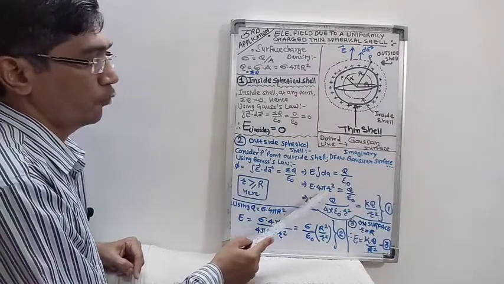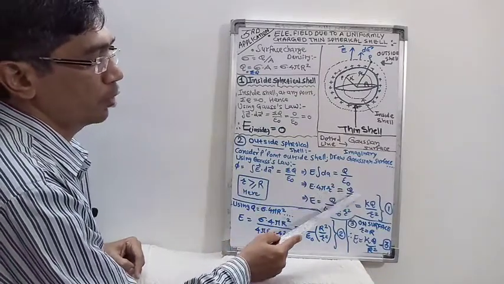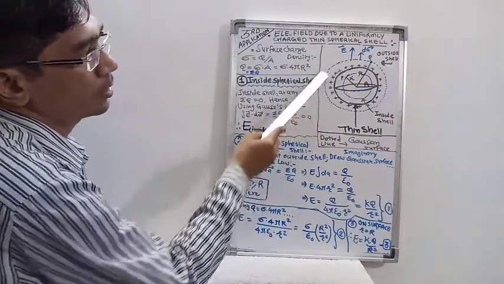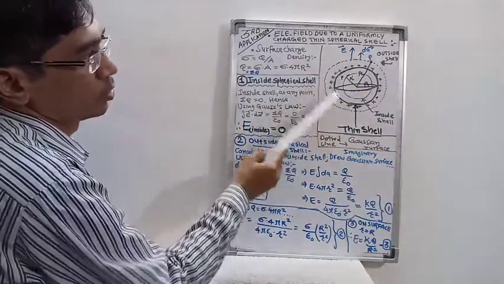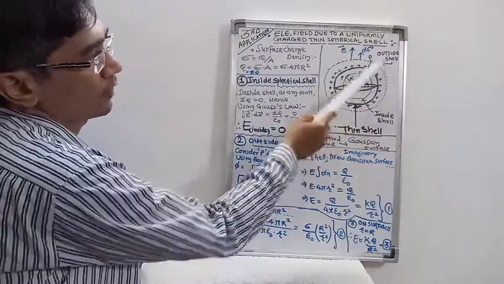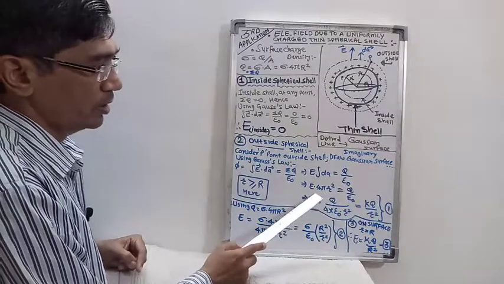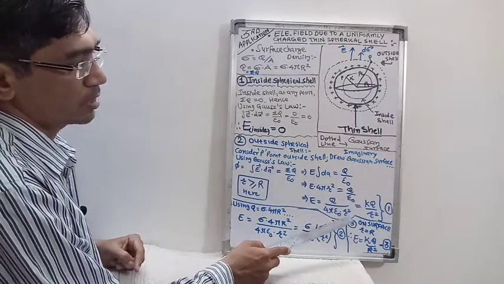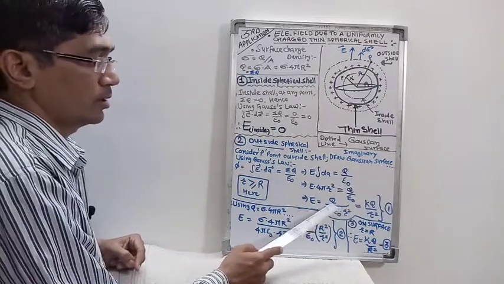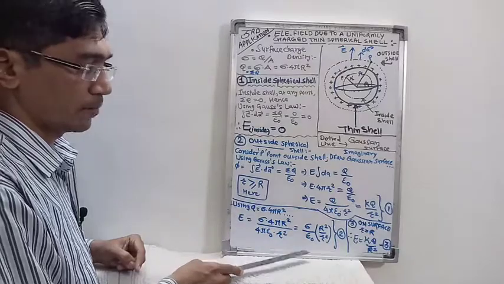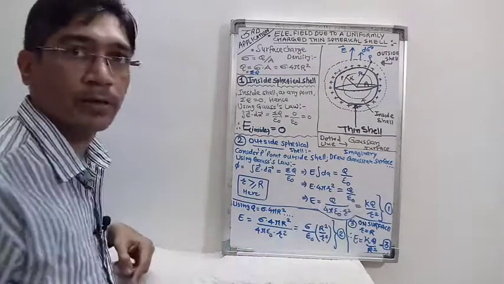So E into 4 pi small r square is equal to Q upon epsilon 0, where Q is the charge enclosed by the Gaussian surface. So E is equal to Q upon 4 pi epsilon 0 r square. That means it is kq upon small r square, where r is greater than capital R. This is the first equation.